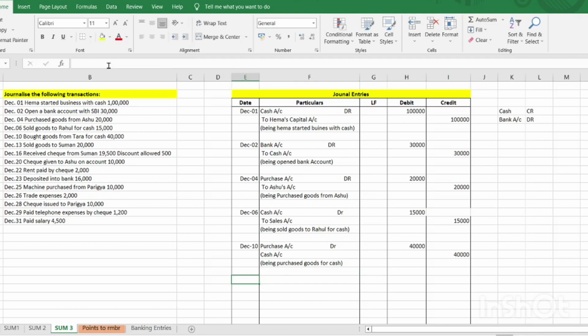Next entry, sold goods to Suman 20,000. Here again this is a credit transaction because Suman has not paid us in cash, so Suman's account will be taken into consideration.